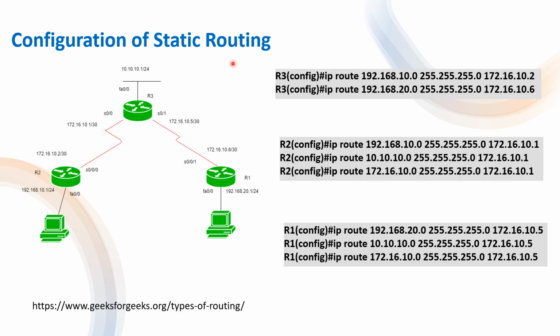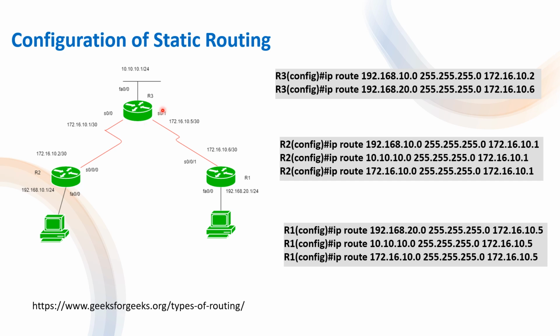Now let us see how to configure static routing. Router 1 has IP address 172.16.0.6 on its serial interface and 192.168.20.1 on its FastEthernet interface. Router 2 has IP address 172.16.10.2 on its serial interface and 192.168.10.1 on its FastEthernet interface.